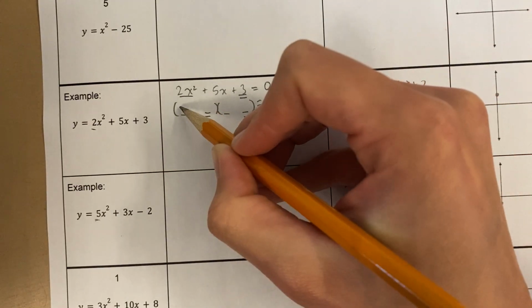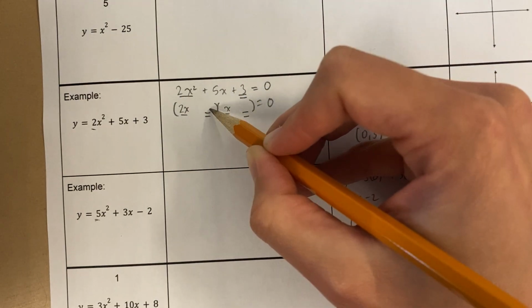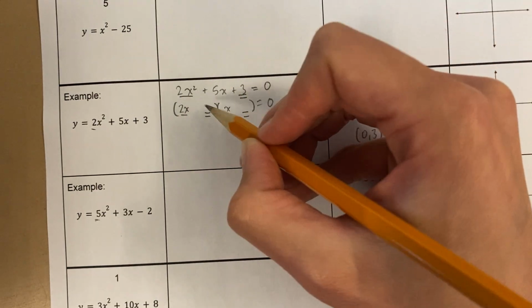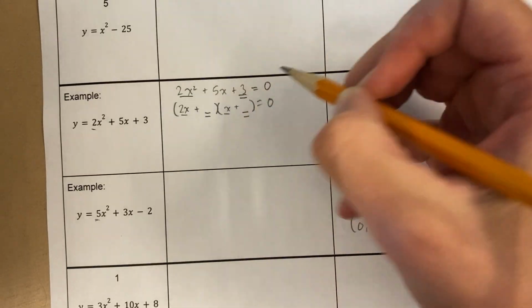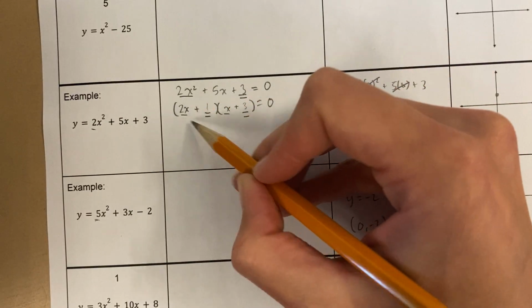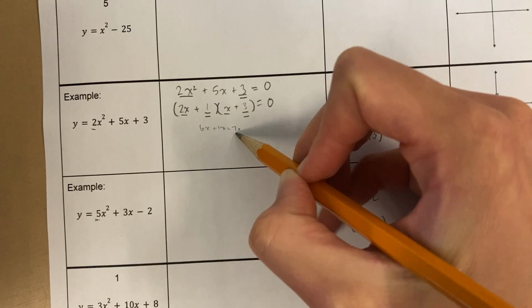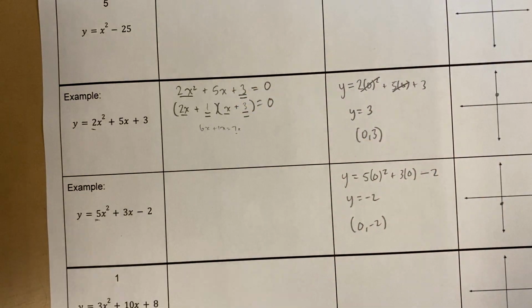We can do this. So 2x times x, that's 2x squared. Now this is either 3 and 1 or 1 and 3. So let's just start with 1 and see what we get. Let's say I chose 1 here and 3 here. So that's 2x, that's 6x plus 1x, that's 7x. Oh, nope, I want it to be 5x. So that doesn't work.